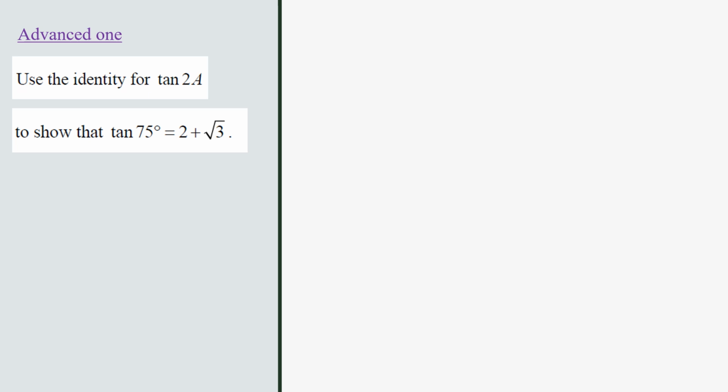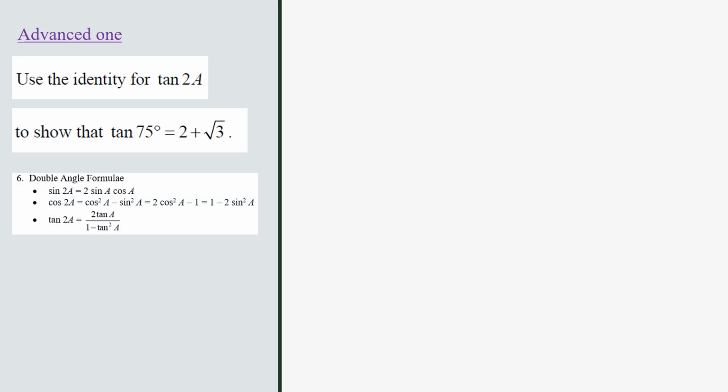The formula for tangent 2A will be 2 tangent A over 1 minus tangent squared A. You are specifically asked to use this formula, so I'm going to let angle A be 75 degrees.